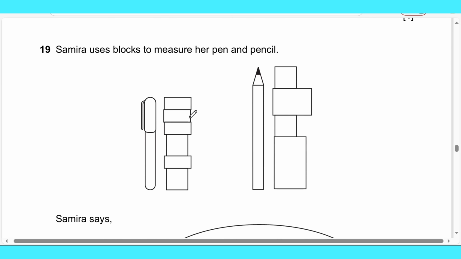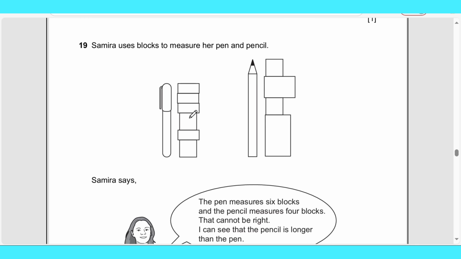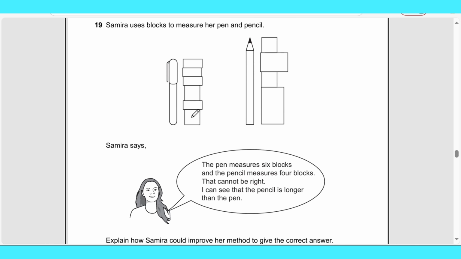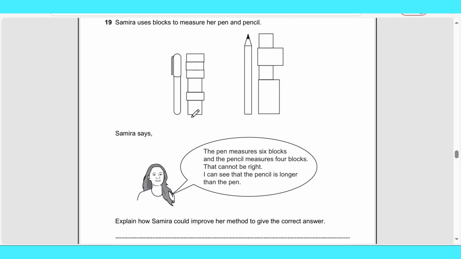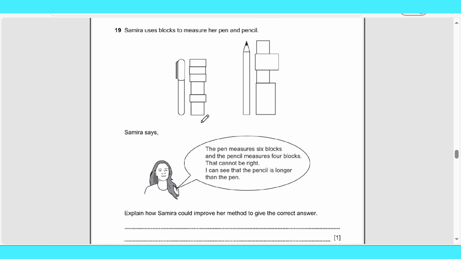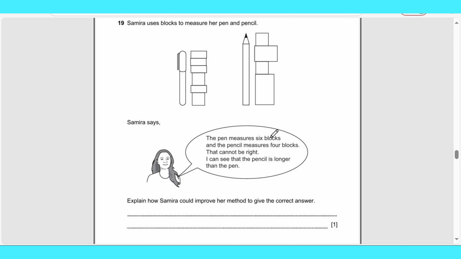Samira uses blocks to measure her pen and pencil. Samira says the pen measures 6 blocks and the pencil measures 4 blocks. That cannot be right. I can see that the pencil is longer than the pen.